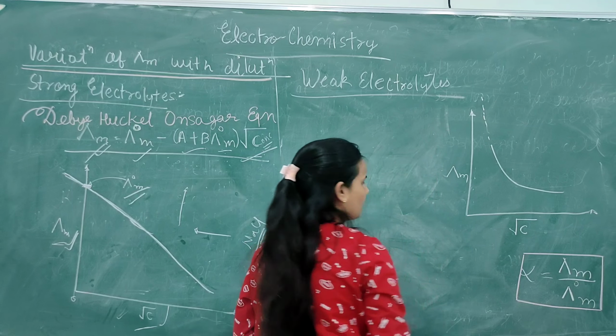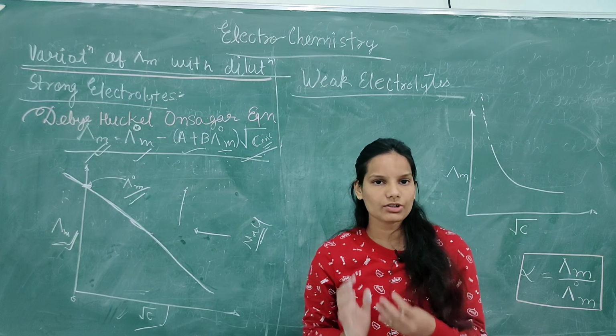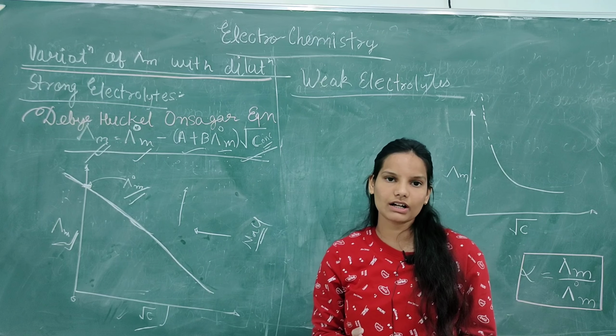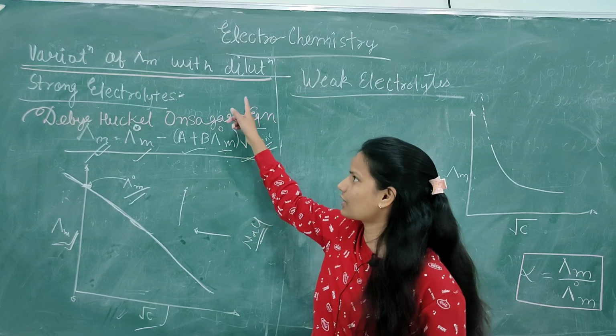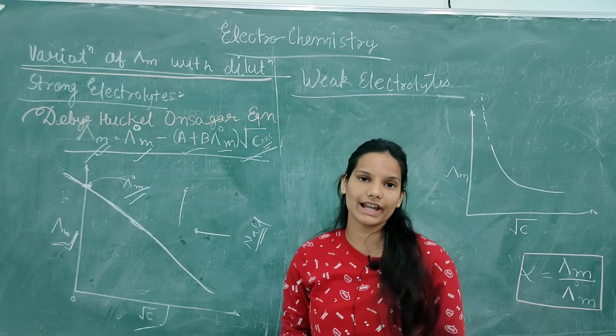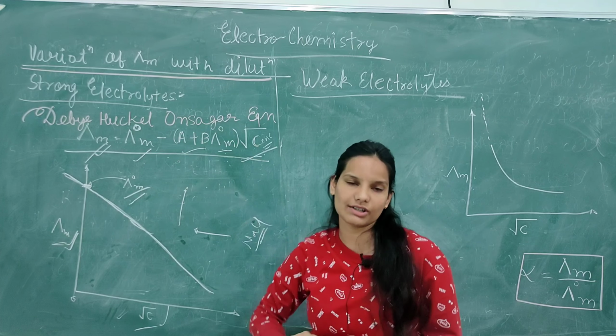Up to now, you should be clear on this point: if I am talking about a strong electrolyte, the variation of molar conductance with dilution is given by the Debye-Huckel-Onsager equation.